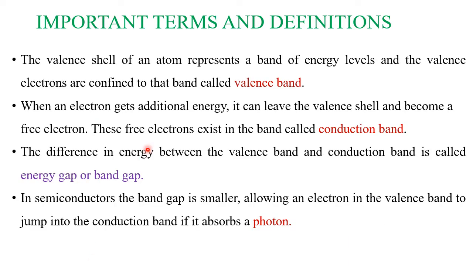All right, let's see some important terms and definitions with respect to the energy diagram. We should know what is valence band, what is conduction band, and what is band gap or energy gap. Let's see what is valence band. The valence shell of an atom represents a band of energy levels.